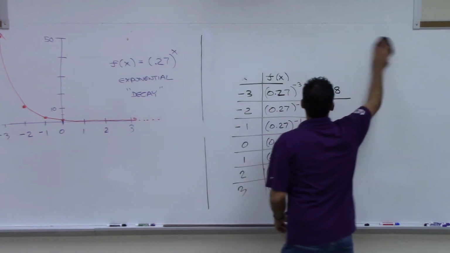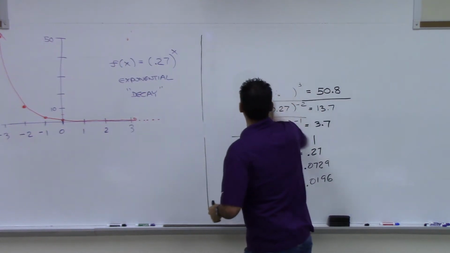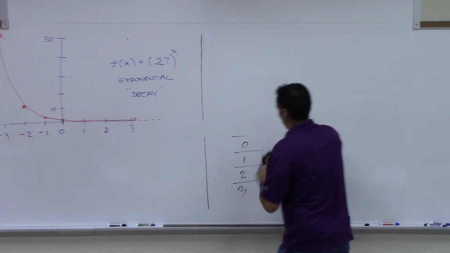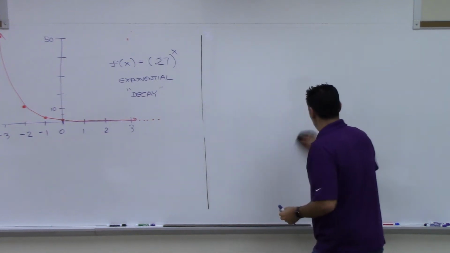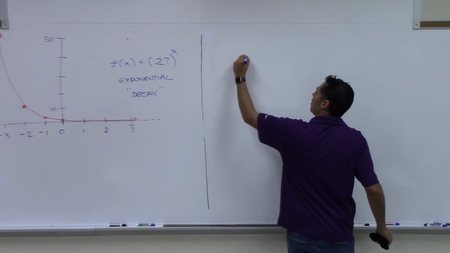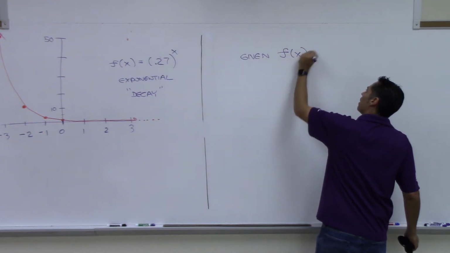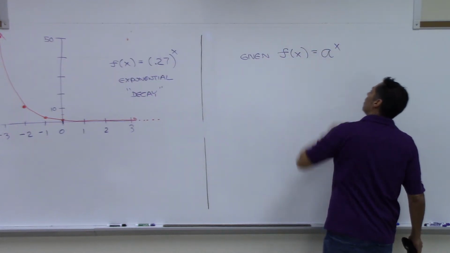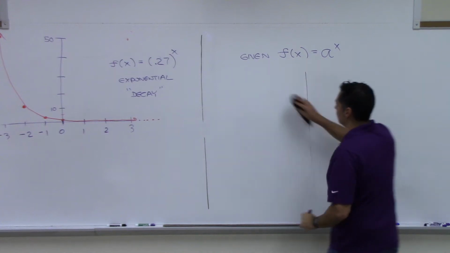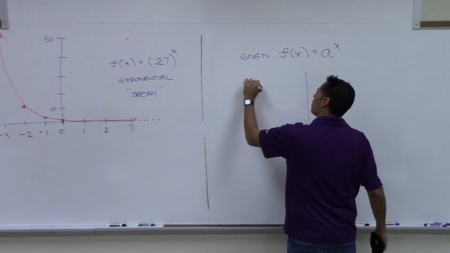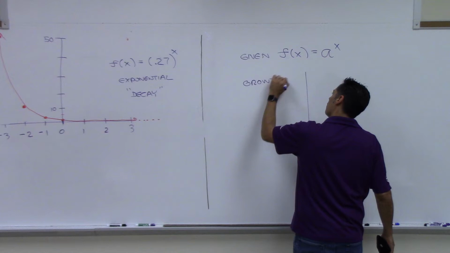So that brings us to a conclusion, right? When it comes to exponential functions, if you're given some exponential function f of x equals a to the x, we have two scenarios. We will have growth.